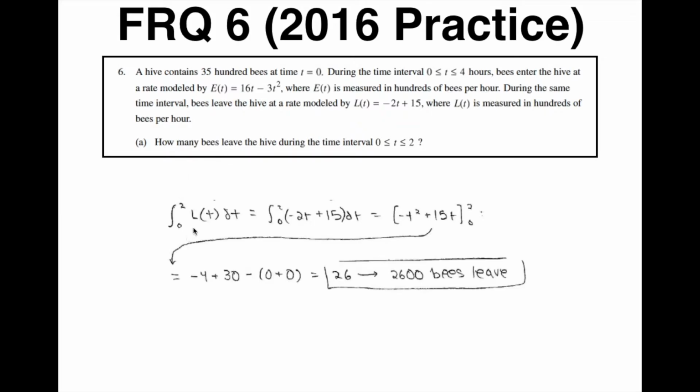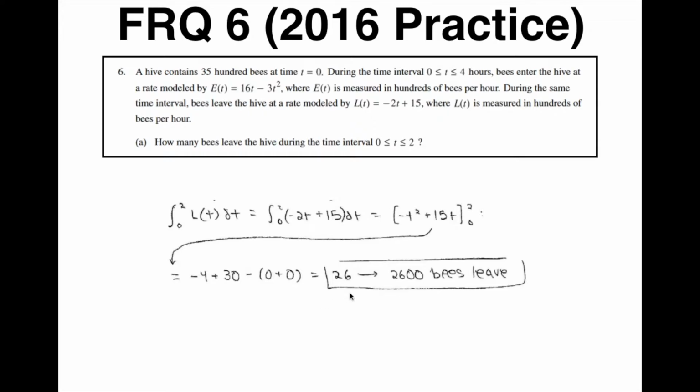We integrate from 0 to 2 L of t dt, and it's a line. So integrating that is not too hard. The integral of negative 2t plus 15 is negative t squared plus 15t. We use the fundamental theorem of calculus and we get 26.